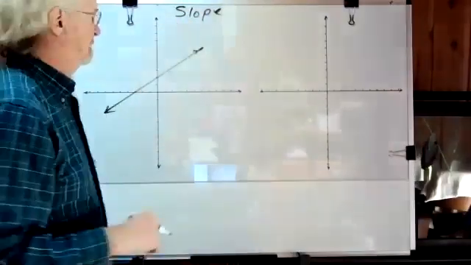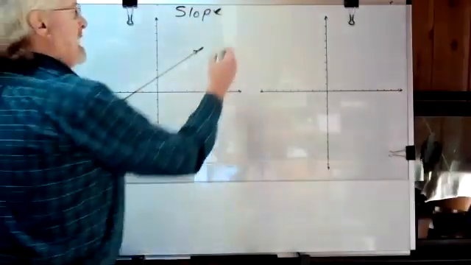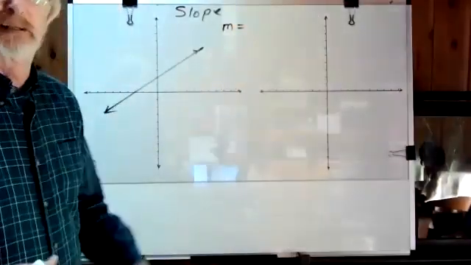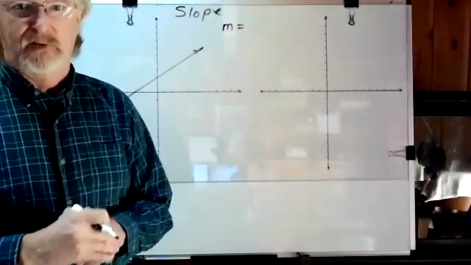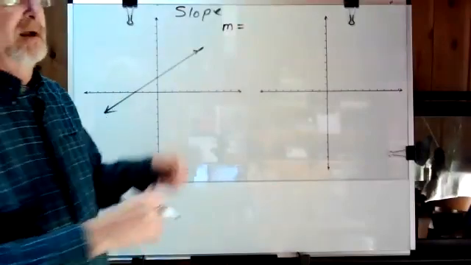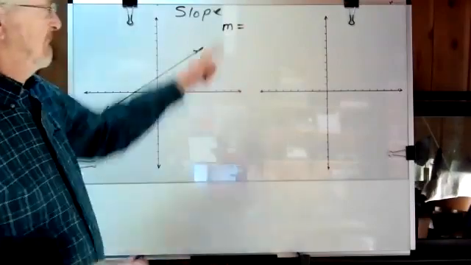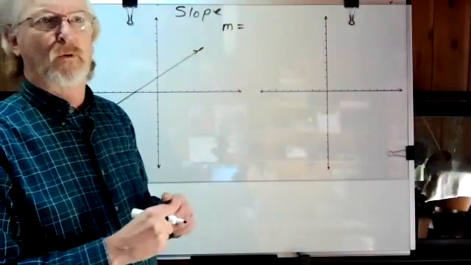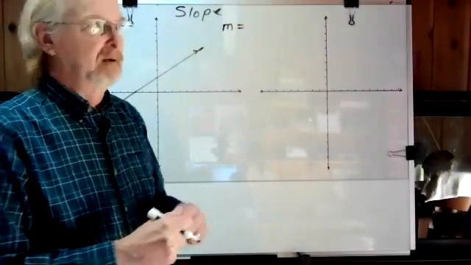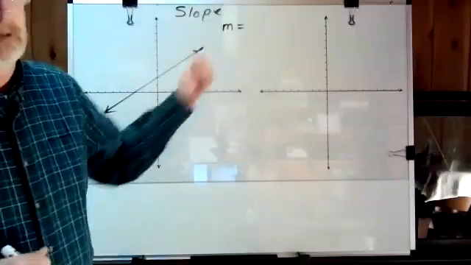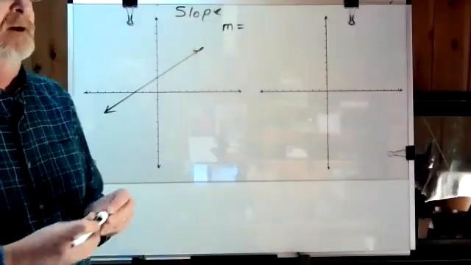We use the letter M, or we reserve it to stand for the value of the slope when we eventually start working with equations and identifying the slope. Well, we've already written an equation form, like a formula, and I've called it y equals mx plus b. And that m is going to be this slope value.